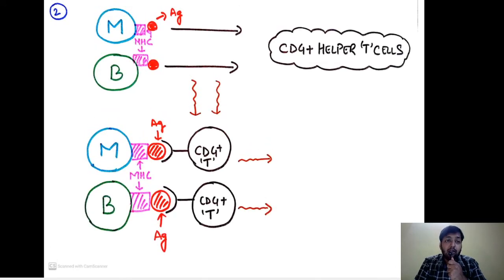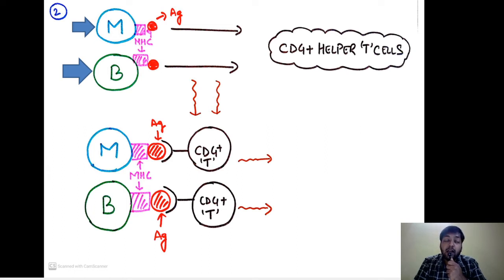Okay, now moving ahead, what is the second event? Let us see. Now this is very, very important. Here M stands for macrophages, and here B stands for B lymphocytes. We have already read how dendritic cells present antigens to the CD4 plus T cells.